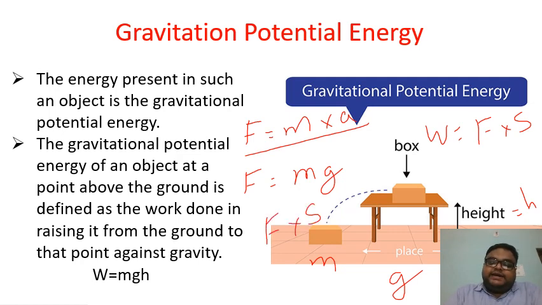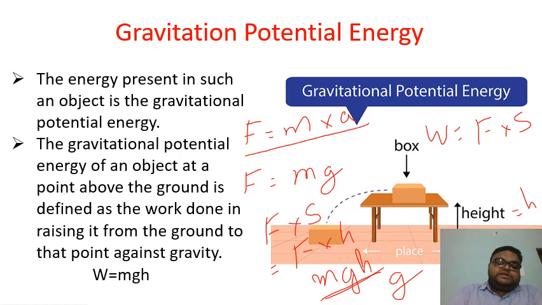The displacement here is the height, so we can write F into h. Putting the value of F, we get the gravitational potential energy as mgh.